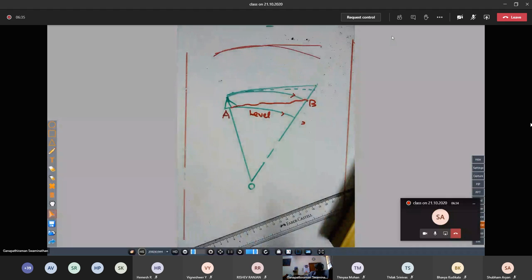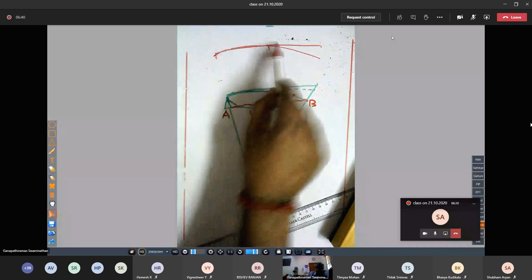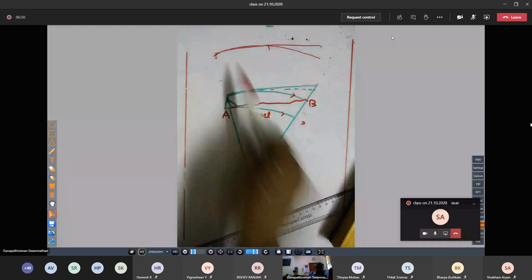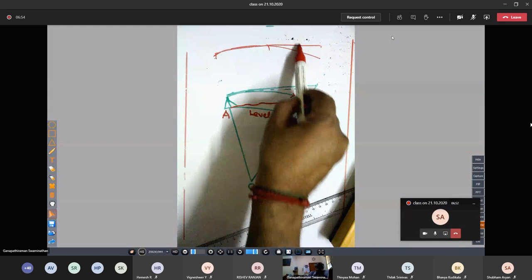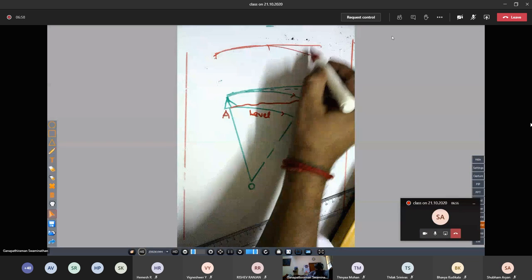To some extent the level line and the horizontal line merge when the distance is very short. If the distance is very large, the horizontal line departs from the level line. So this is the level line and this is your horizontal line.